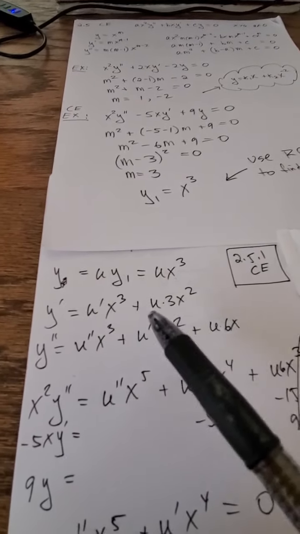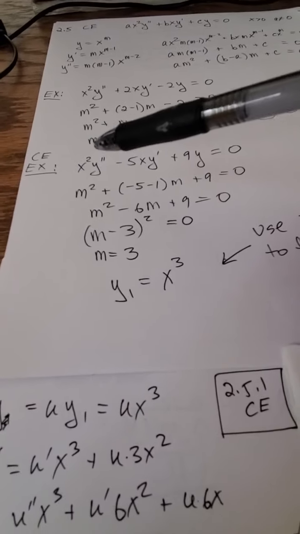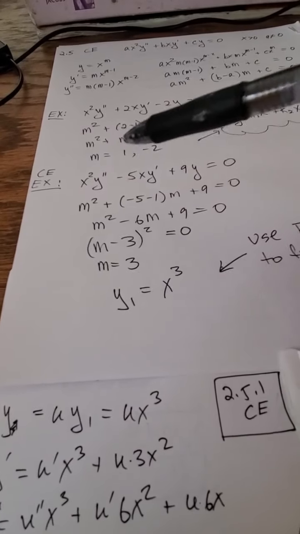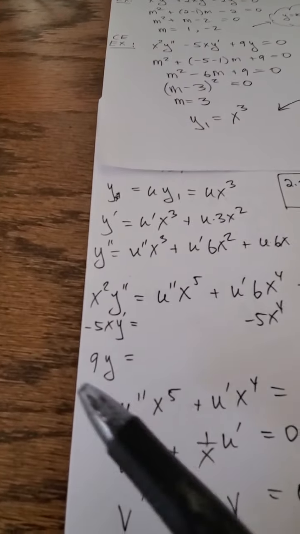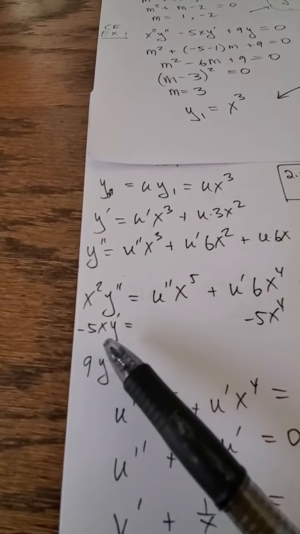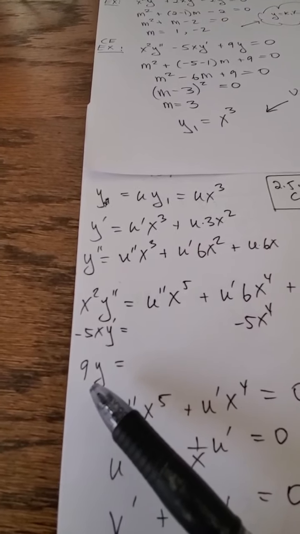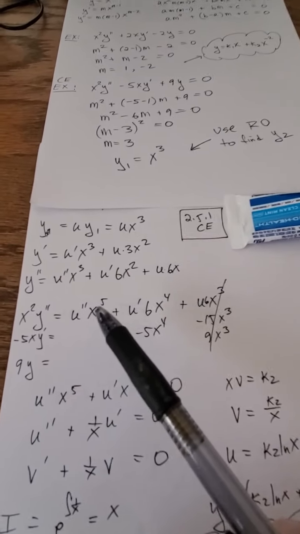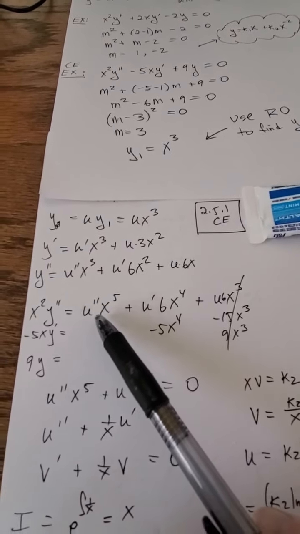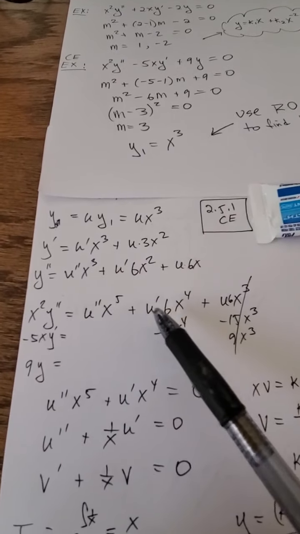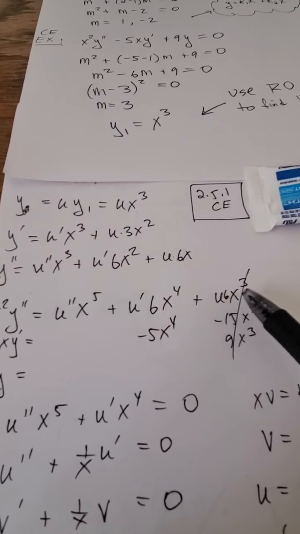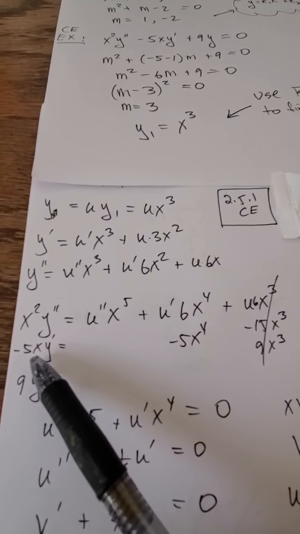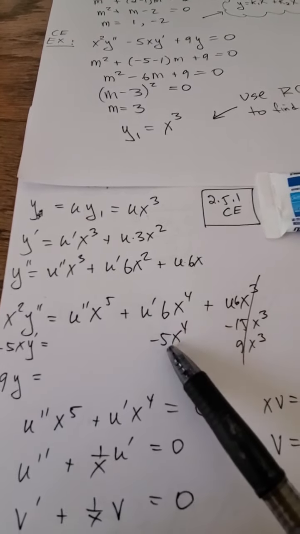Now I want to take this and fit it into the original equation: x squared y double prime minus 5xy prime plus 9y. And that's my x squared y double prime, that's my minus 5xy prime, and that's my 9y. So here I get u double prime x to the fifth plus u prime times 6x to the fourth plus u times 6x to the third. When I multiply it by negative 5x, I get negative 5x to the fourth, negative 15x to the third.